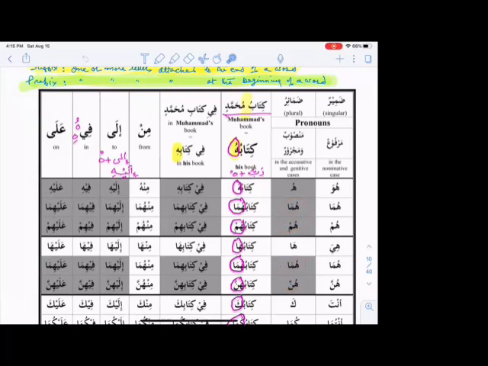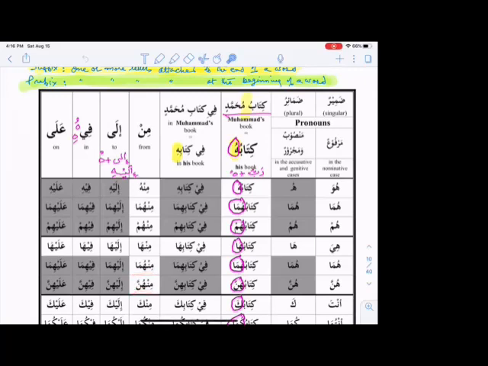Okay, so we do the same here. Min, from. How do you say from him? Minhu. From two of them, minhuma. From more than two, minhum. From her, minha. From two of the sisters, minhuma.